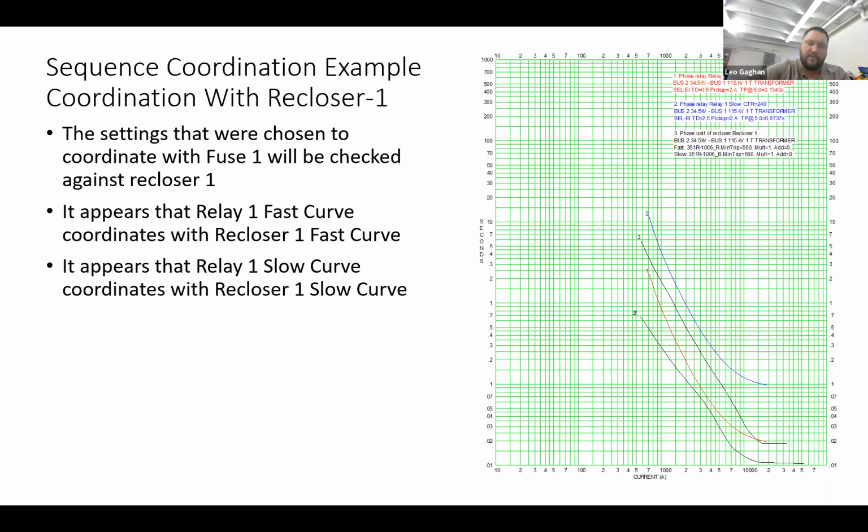We chose our settings to coordinate with the fuse, and now we're checking them against the recloser. It looks like this works. We're going to save fuse 1 and then trip once we get to our slow curves. And here, the downstream recloser fast curves will operate before our fast curve. You can see that 3F is going to operate before 1, and then its slow curve is going to operate before our slow curve. 3 is going to operate before 2.